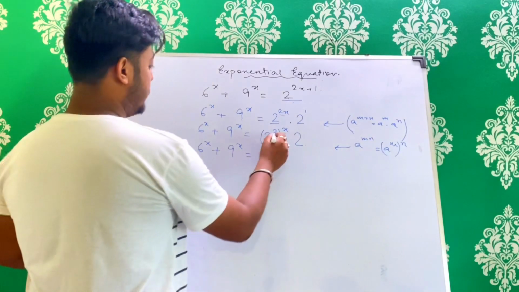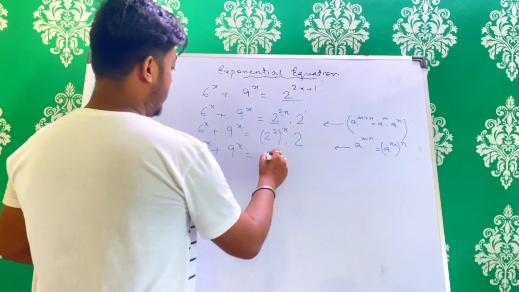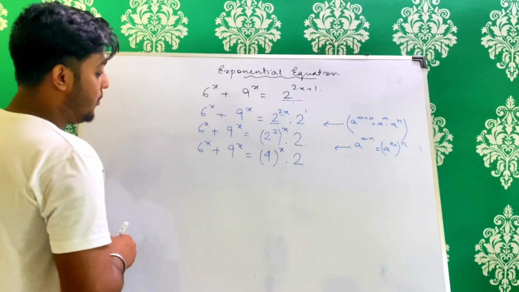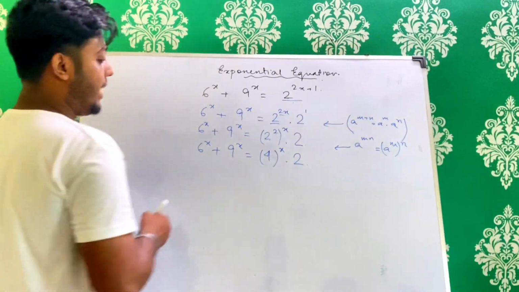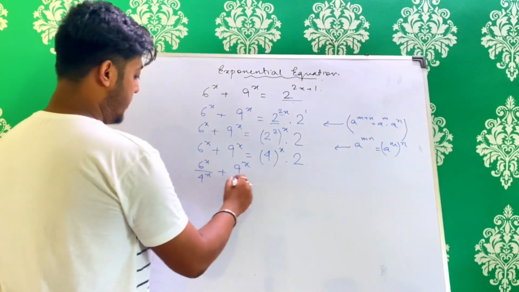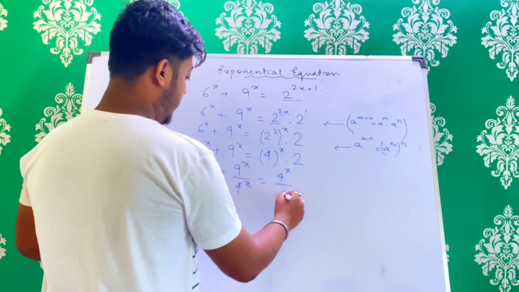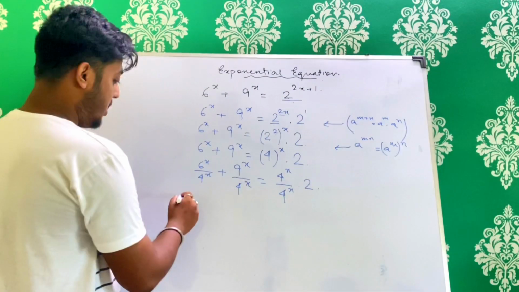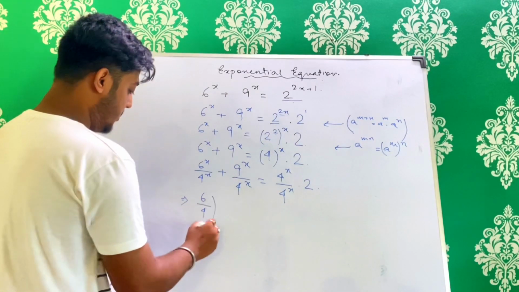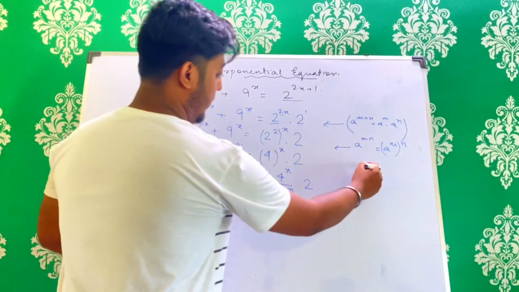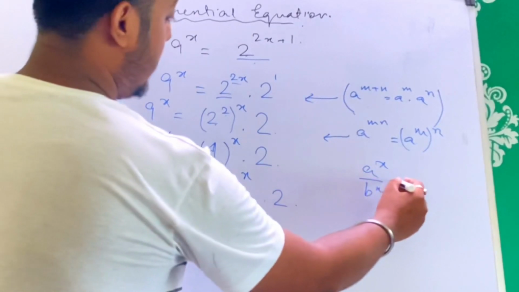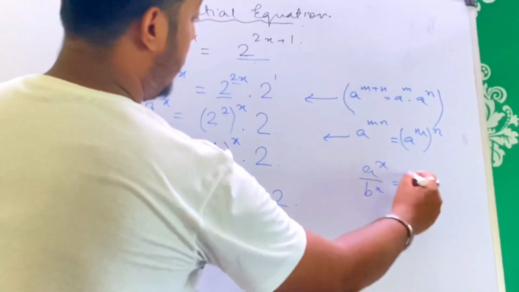After that, we will simplify this 2 square. So 2 square is equal to 4, we all know, to the power x into 2. Now let's divide by 4 to the power x on both sides. Now we will use this formula: a to the power x divided by b to the power x, we can write it as a by b whole to the power x.